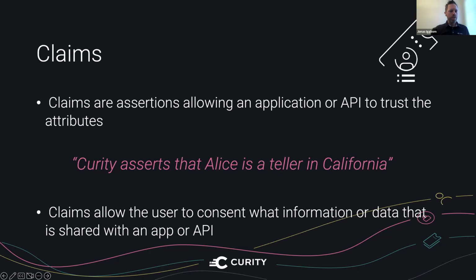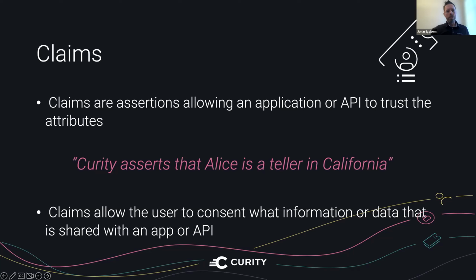And with, for example, a JWT, you can typically verify the token itself. You can check the signature to see if the token has been tampered with. So you have a high level of trust in the information in there.